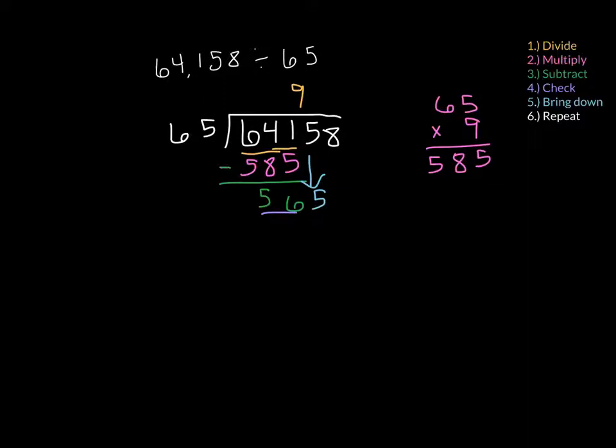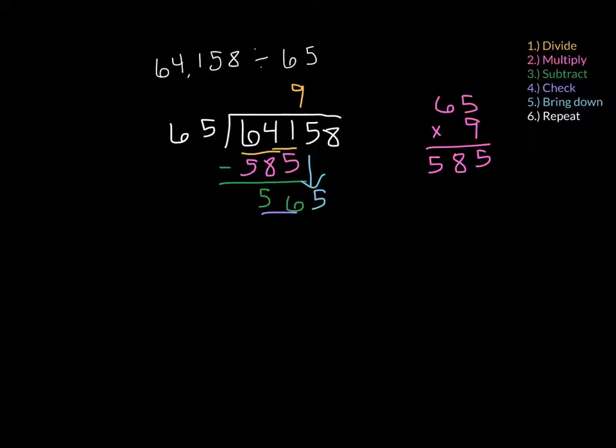Now we need to do 65 into 565. And 65 is kind of right in between 60 and 70. 60 would go into 560 9 times, but we just did 9 and we got 585, so we know 9 is going to be too big.